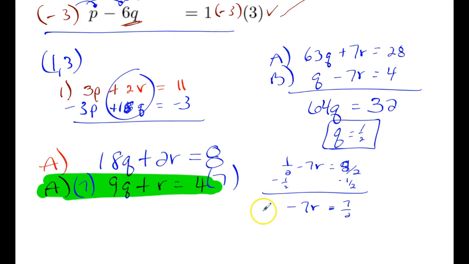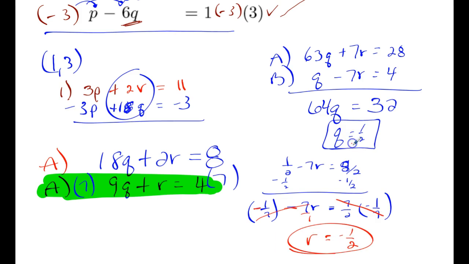And then I'll multiply by negative 1/7 so that everything cancels over here. Negative times negative is positive, and the 7's cancel. And over here the 7's cancel, and I'm left with negative 1/2.